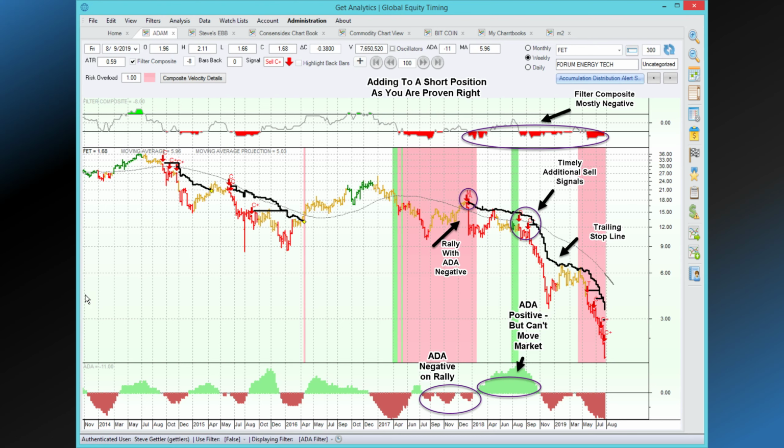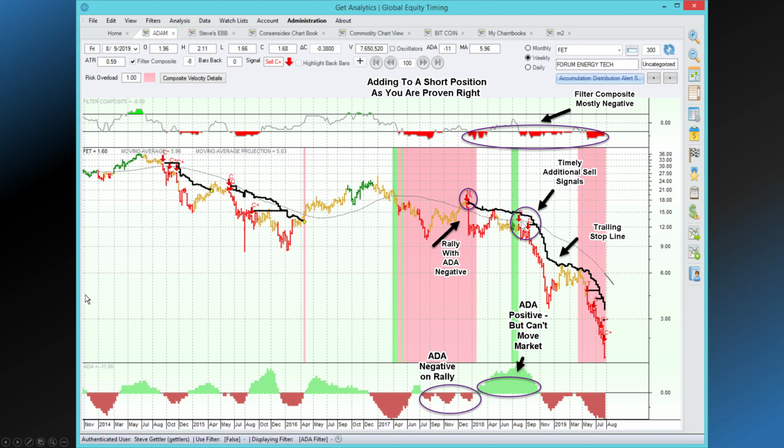I want to talk about really how to exploit a short sale opportunity. People will say, well, shorting a stock at 15, the most you can make on it is $15 because it could go to zero, and the potential is limited. However, the potential can exponentially increase if you are right about this stock and it keeps going down, down, down, down, and you keep getting short sale signals.